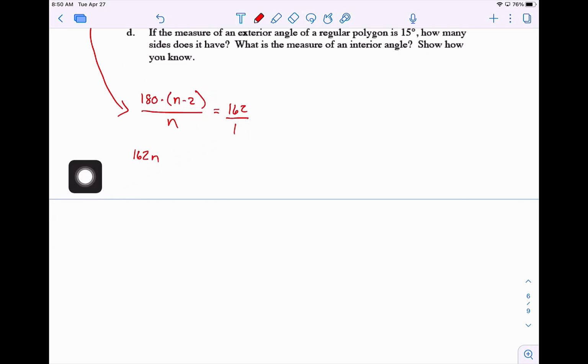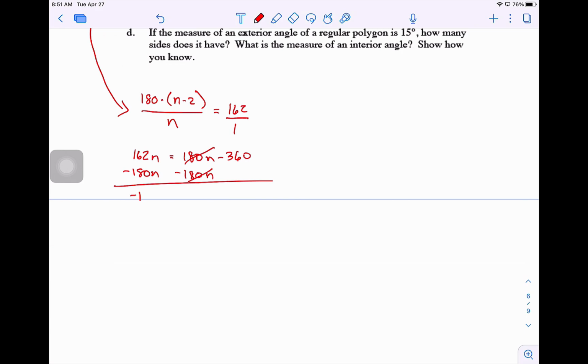So I'm going to take this 180 and distribute it into the parentheses, so it's equal to 180n minus 360. There's your resulting equation when you cross multiply. And now from here we can solve. I'm going to get the n's on the same side, so subtract 180n. Those cancel. 162 minus 180 gives you negative 18n equal to negative 360. And we finish it off, divide both sides by negative 18.